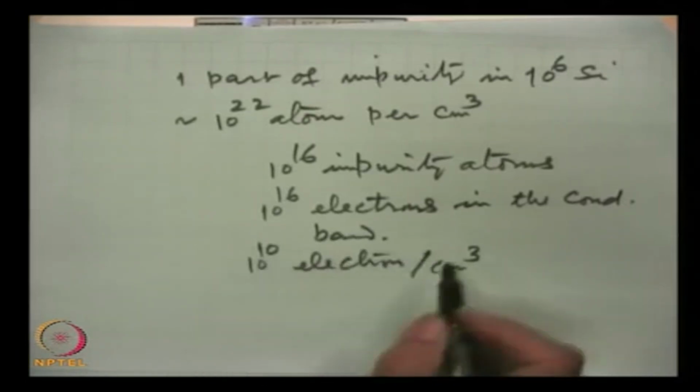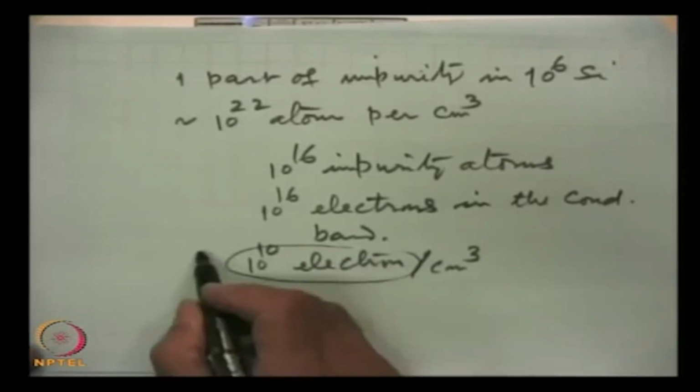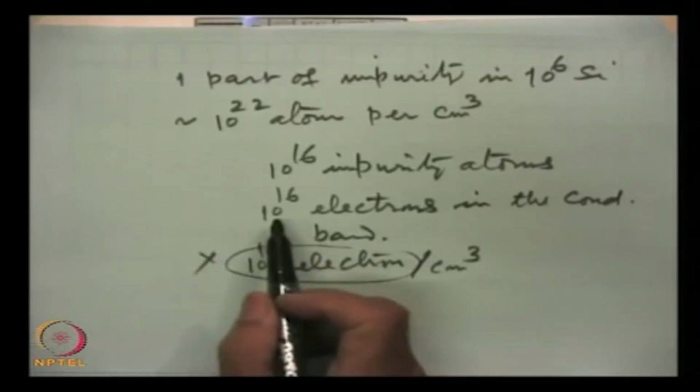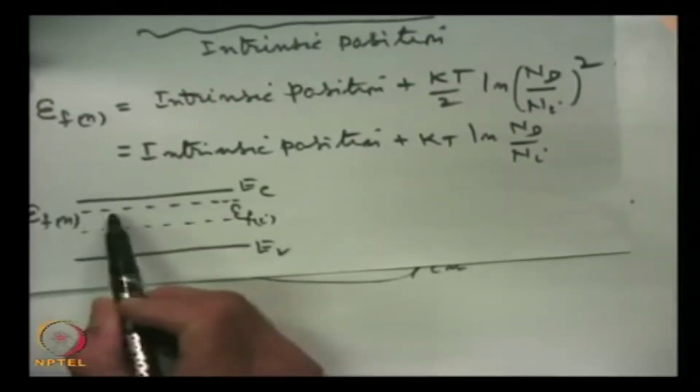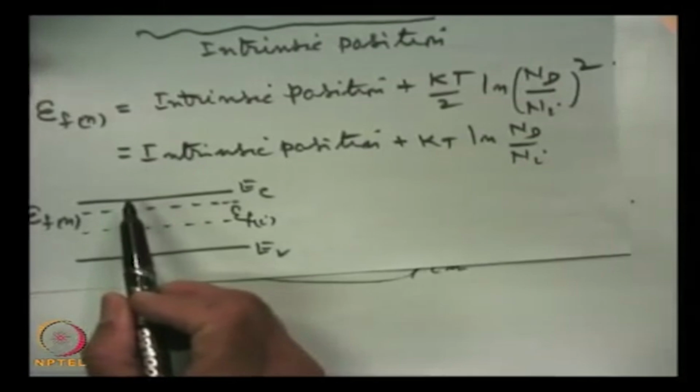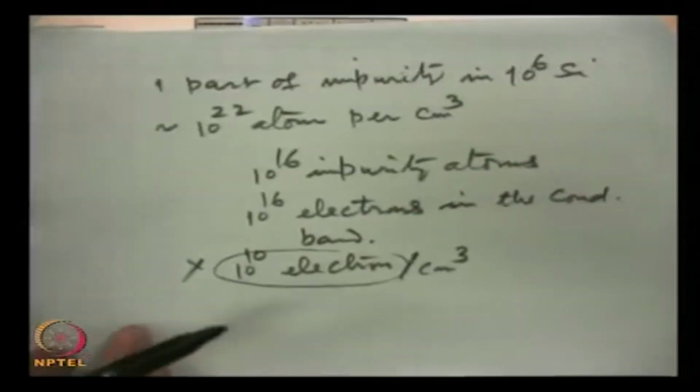So, the contribution of these thermally generated electrons is negligible, and the electrons which have been obtained by doping are important. So, we remember that the Fermi energy level in the n-type material is closer to the conduction band, and similarly we can write the expression for the Fermi energy level for the p-type material.